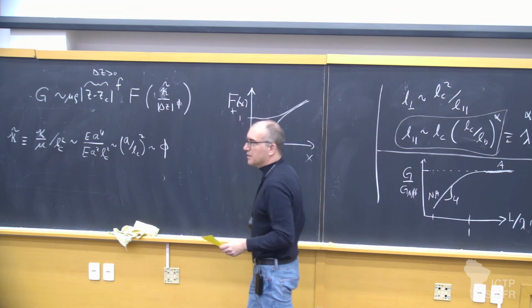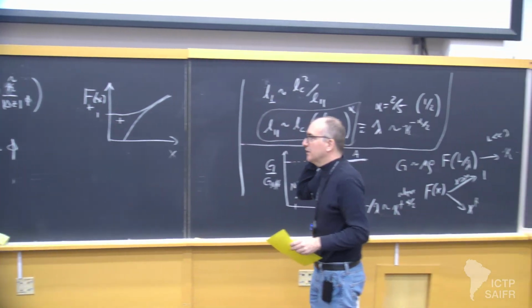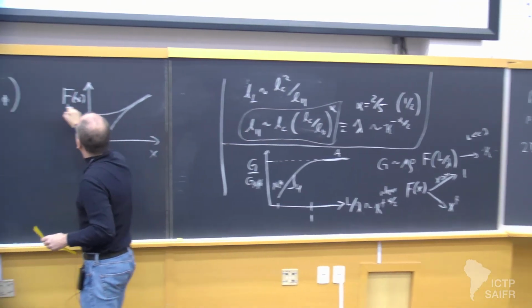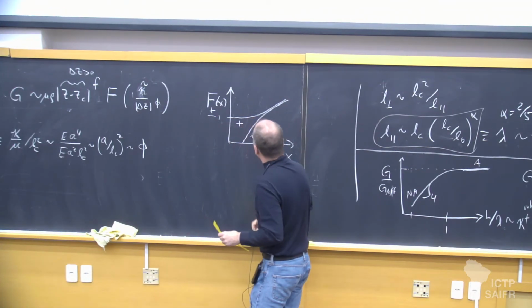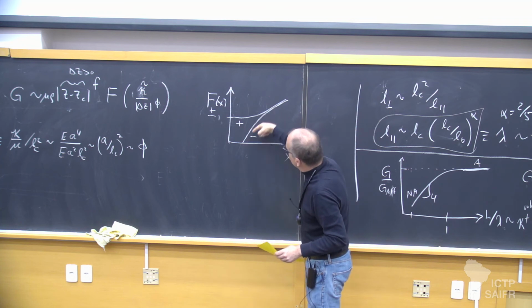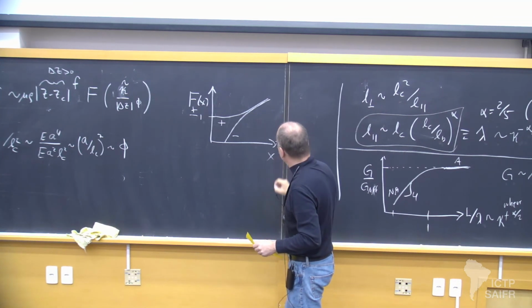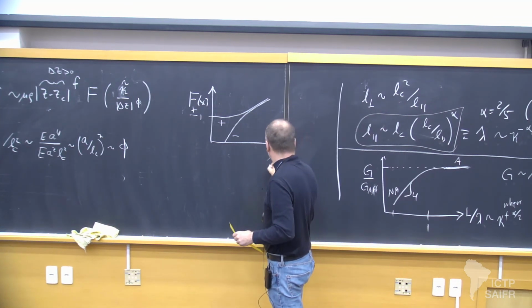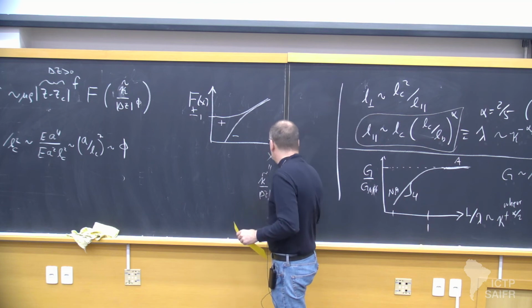I'll call that plus. Above the transition is high connectivity. Low connectivity will be minus. That's the minus region. So this is expected to be a linear function of x because x is kappa tilde over delta z to some power.